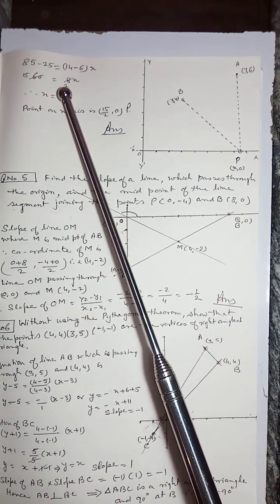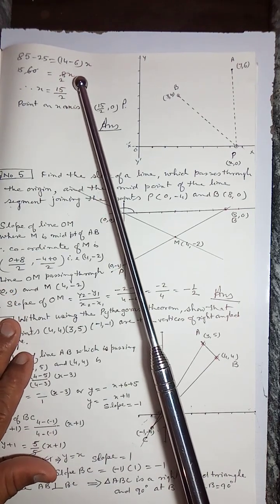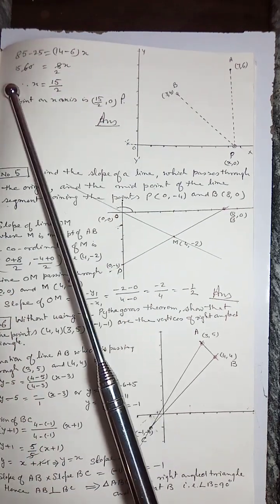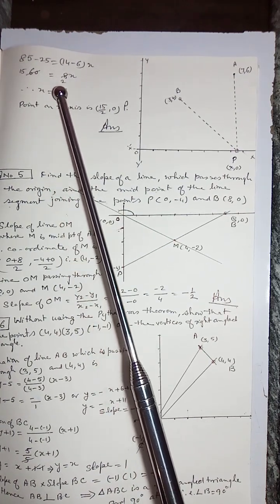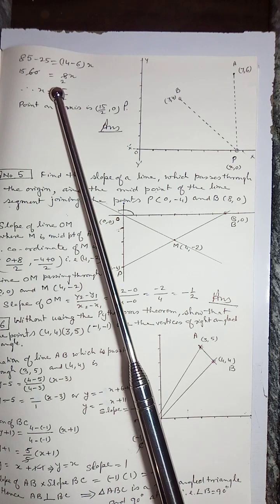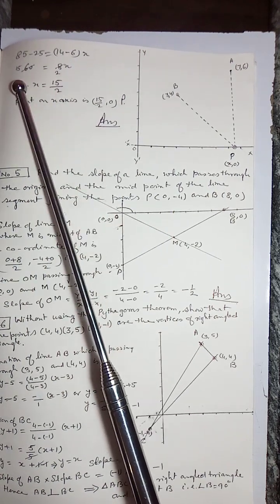85 minus 25 is equal to 14x minus 6x. You see, 85 minus 25, that is equal to 60, is equal to 8x, and just I have divided both sides by 4.